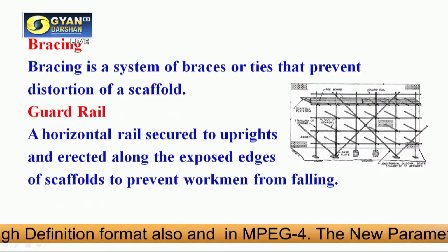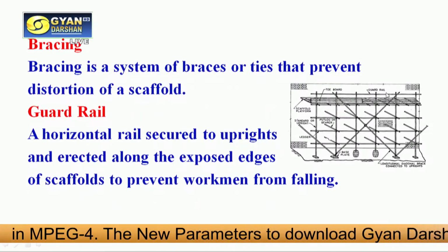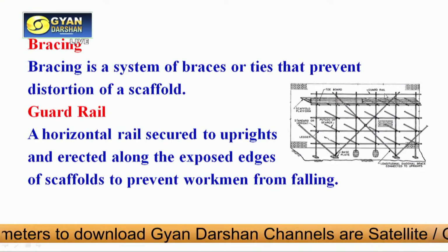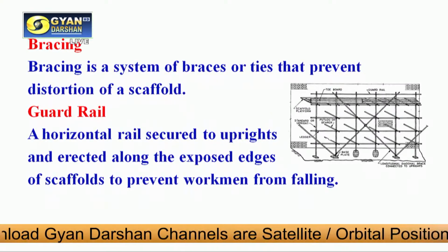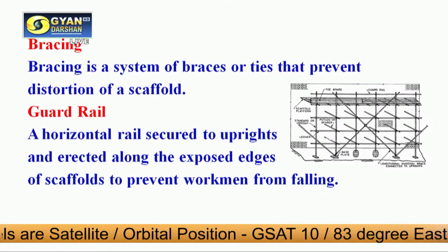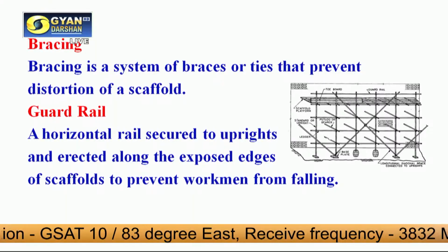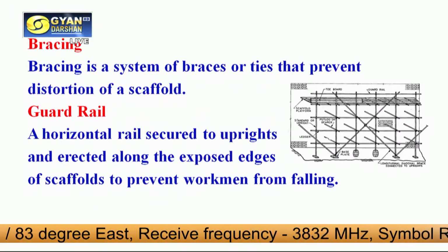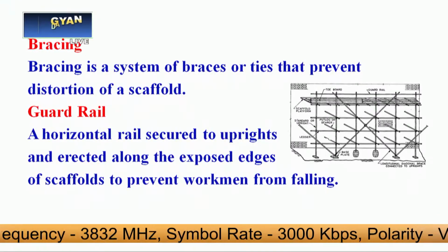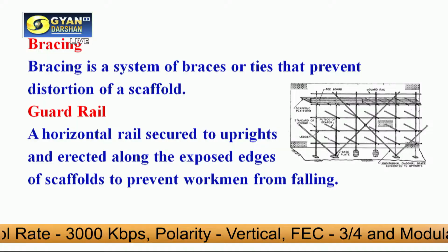So this top member looks like a ledger, but a ledger takes part in the load transfer mechanism, whereas this member is not taking any part in it. This is called a guardrail because its purpose is to provide safety to the worker, to avoid any case of falling from height.